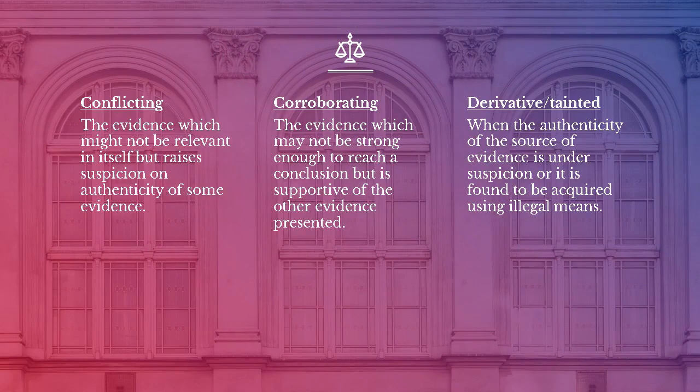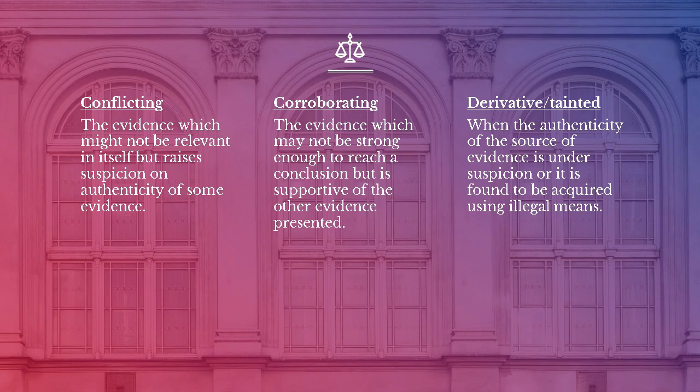Conflicting evidence. The evidence which might not be relevant in itself but raises suspicion on authenticity of some evidence. Corroborating evidence. The evidence which may not be strong enough to reach a conclusion but is supportive of the other evidence presented. Derivative or tainted evidence.